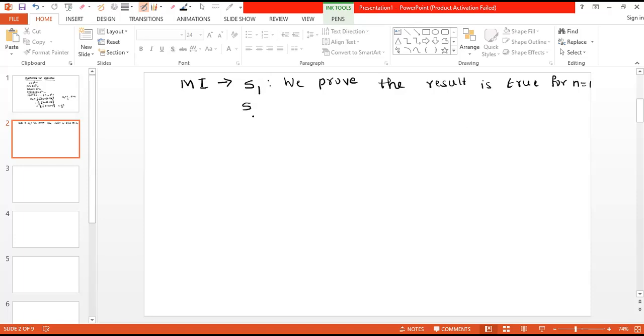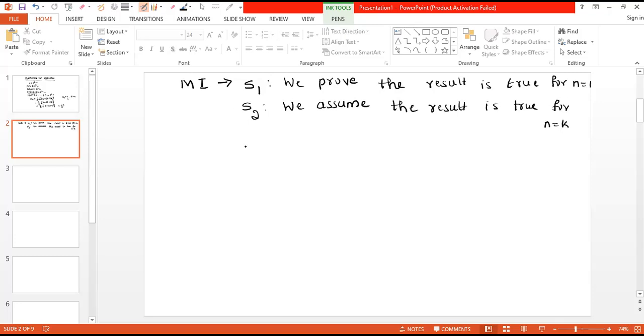Then step number 2: here we're not proving, we're assuming that the result or the formula is true for, say, n equal to k.